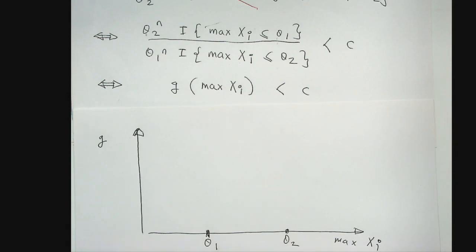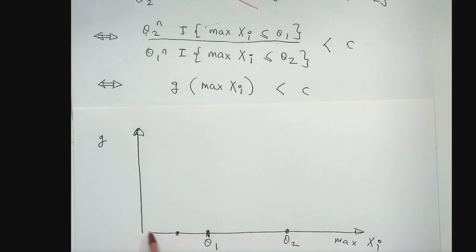Now how do you think the graph will look? Because theta 1 must be less than theta 2, suppose you have it like this. Now let's take one point at a time. Suppose your max of Xi is somewhere below theta 1.